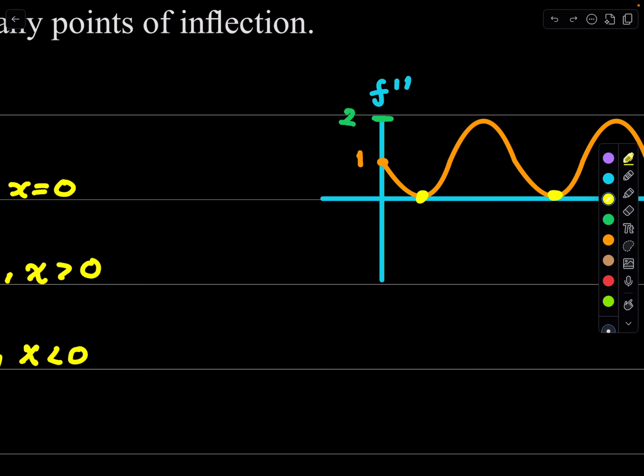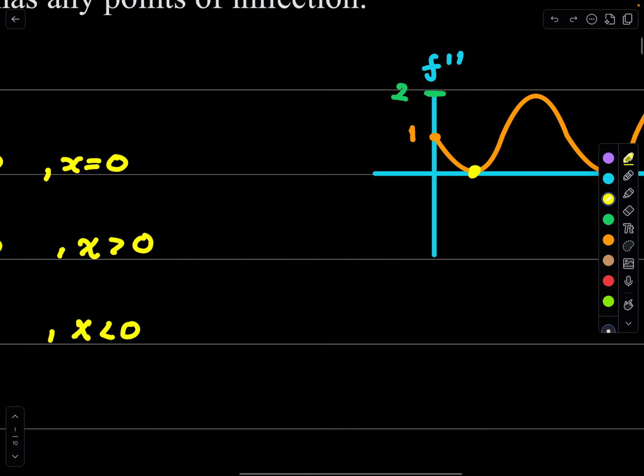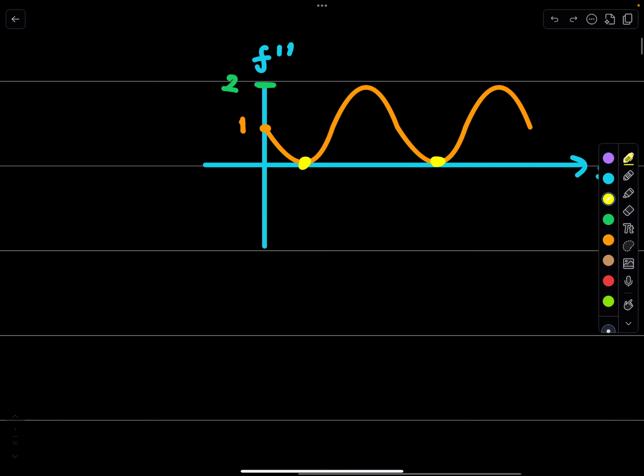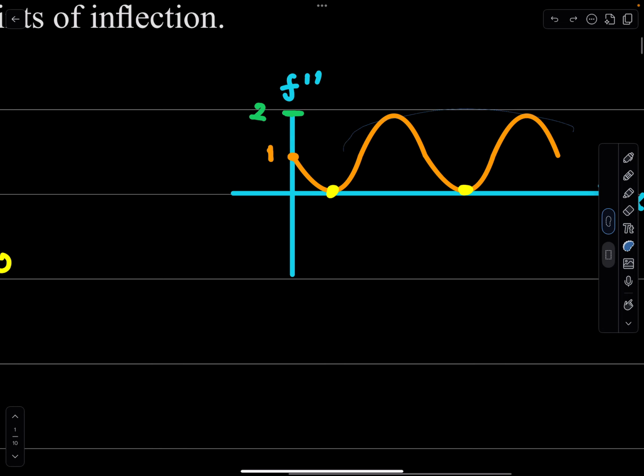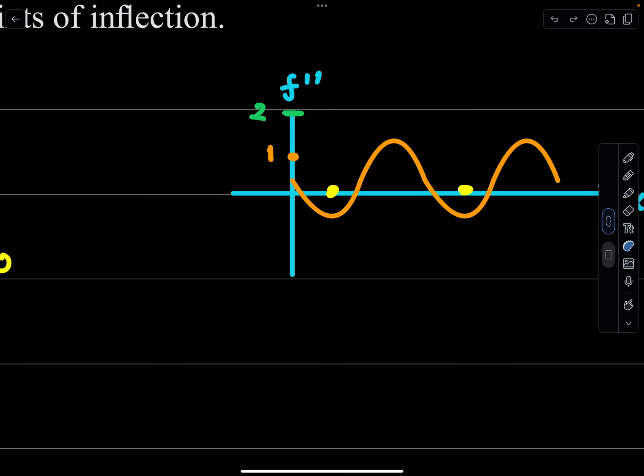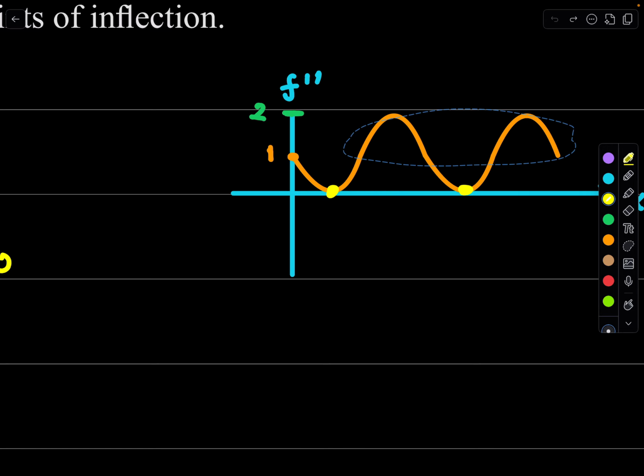The double derivative is positive because it's above, and even on the right side, it's still positive. There's no change in concavity, meaning that for us to have a change in concavity, it has to pass through. If it went down like that or something like this, then there is a change in concavity, because the double derivative becomes negative.